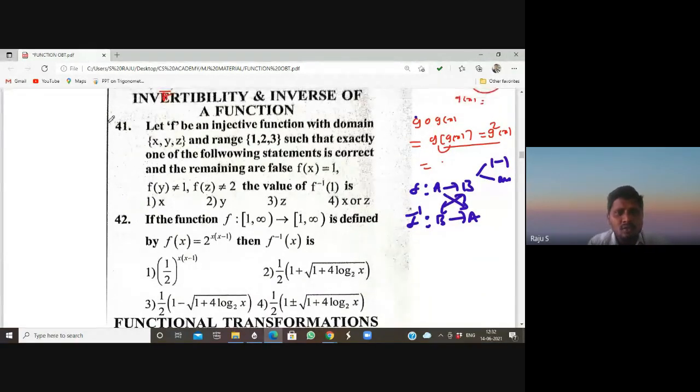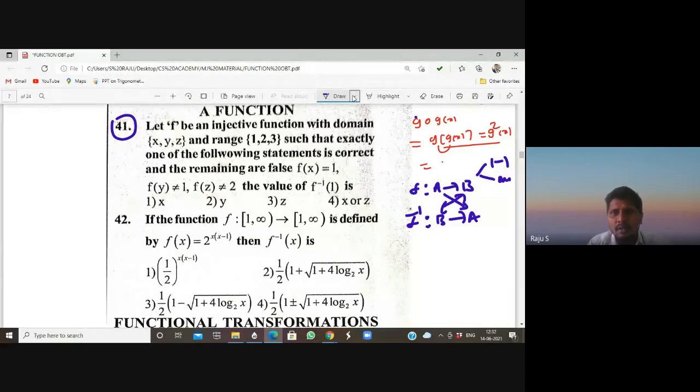See, this question number 41 is a logical question. F is an injective function with domain x, y, z, and range 1, 2, 3, such that exactly one of the following statements is correct, and the remaining are false.